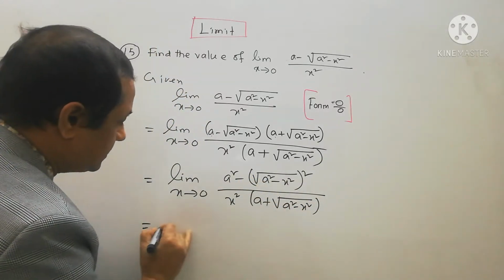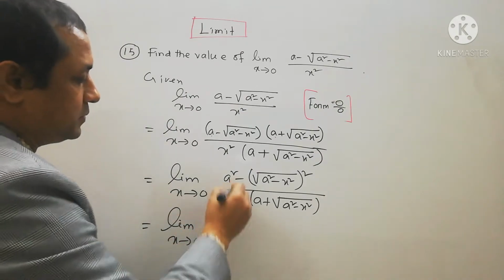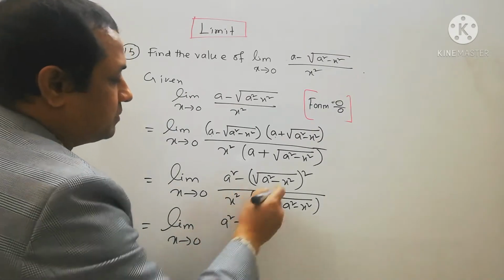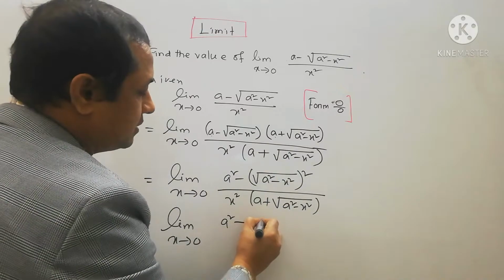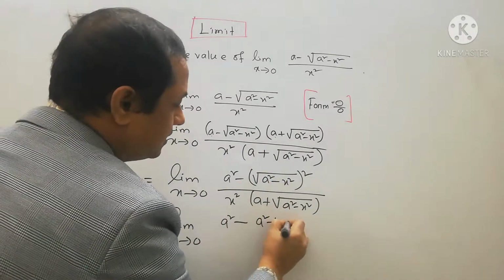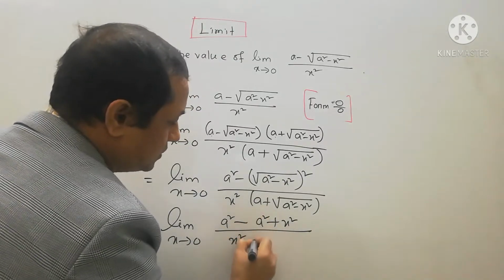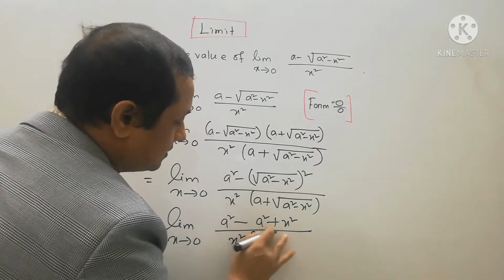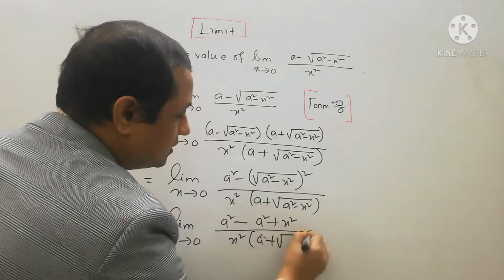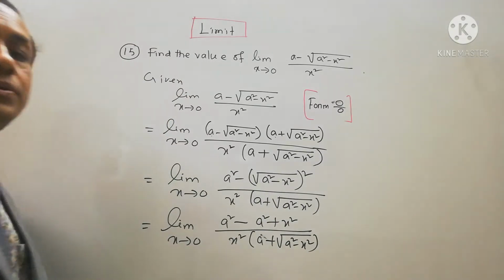Now next line, limit x tends to 0. Here a square minus a square cancel, so minus minus will be plus x square by x square into a plus root over a square minus x square.